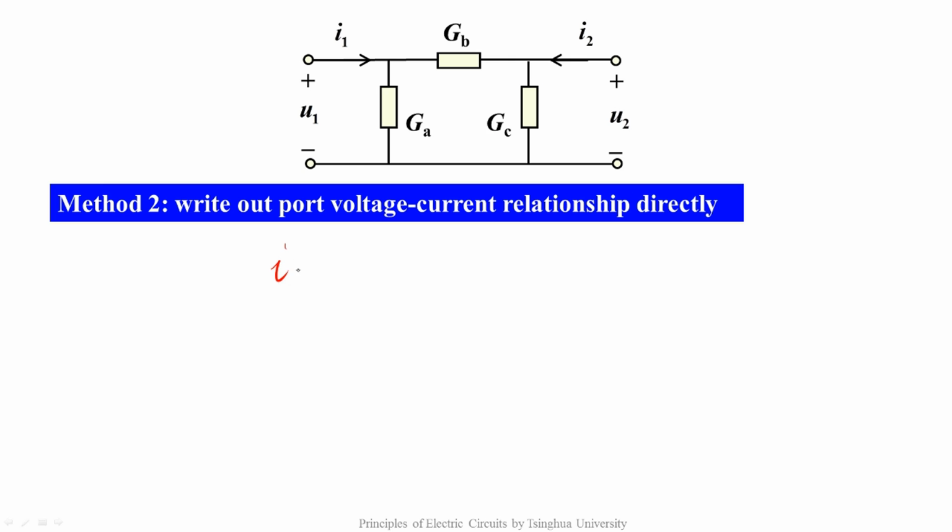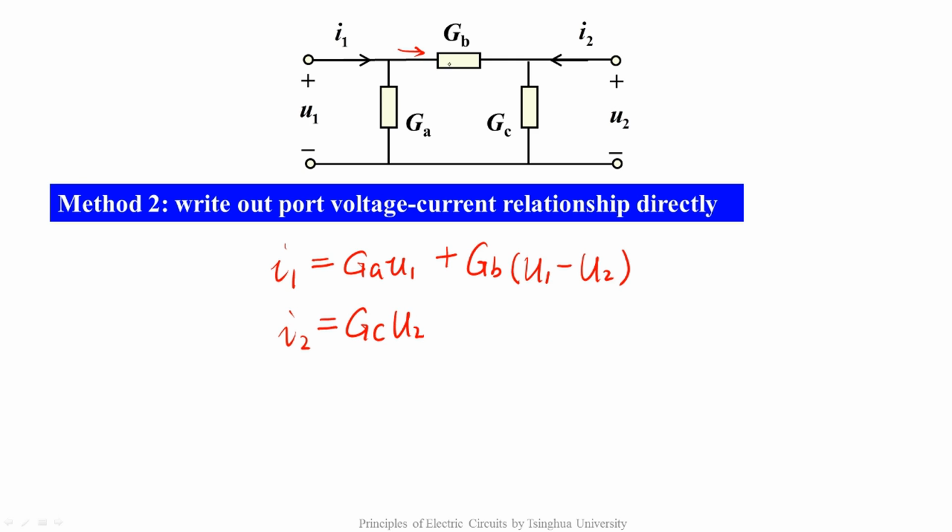I1 equals the current through GA plus the current through GB, which are GA times U1 and GB times U1 minus U2 respectively. I2 equals the current through GC, that is GC times U2, minus the current through GB.